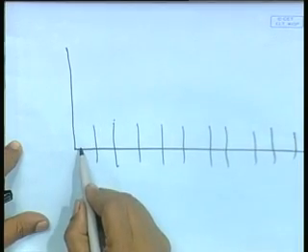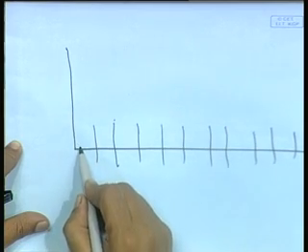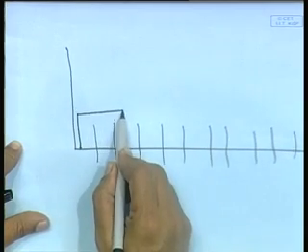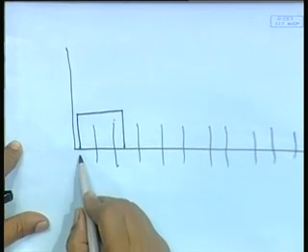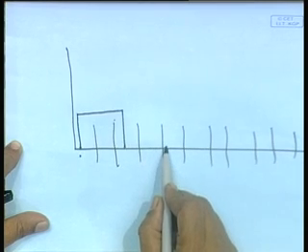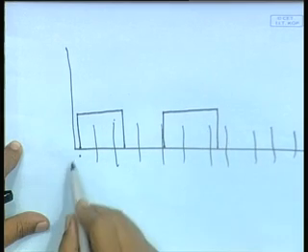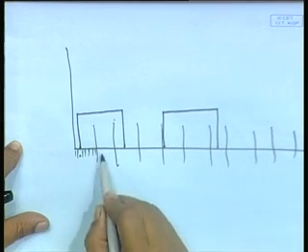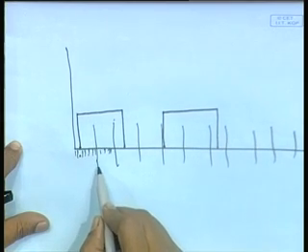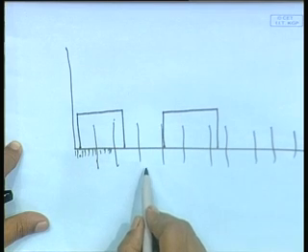Now let us say we have a task which arrived here, and in the next cycle let us say it started at this point, right, because see the clock cycles are here, and what we have marked, the larger lines are actually the frames.